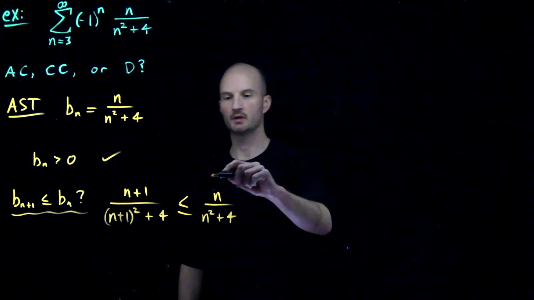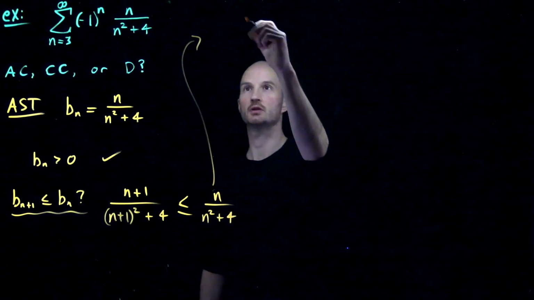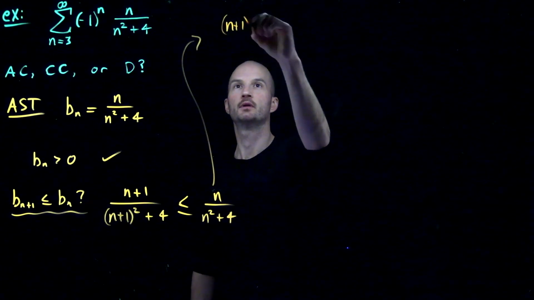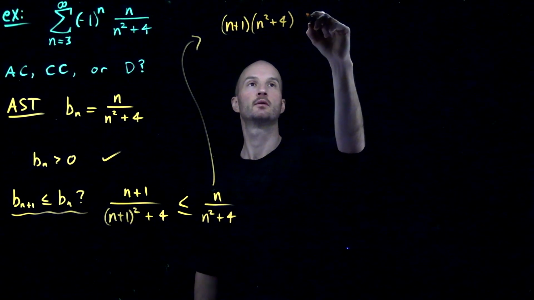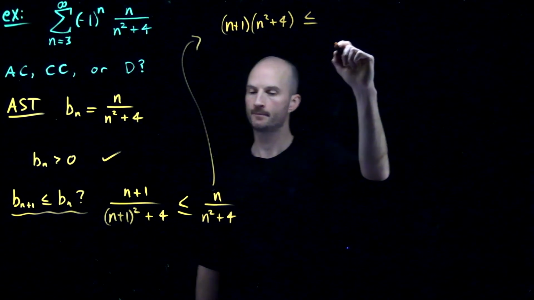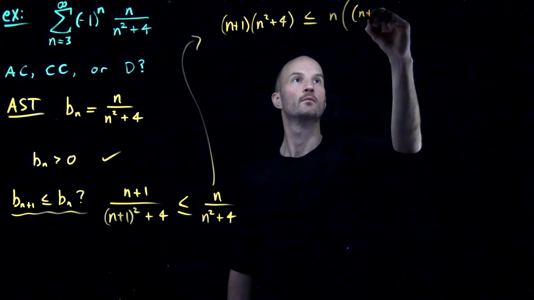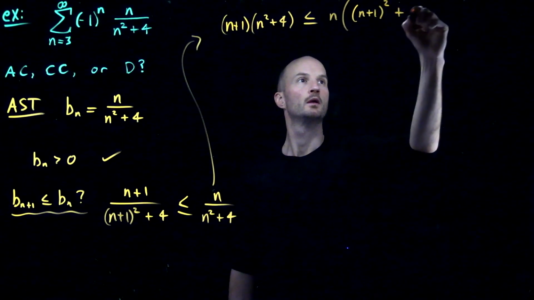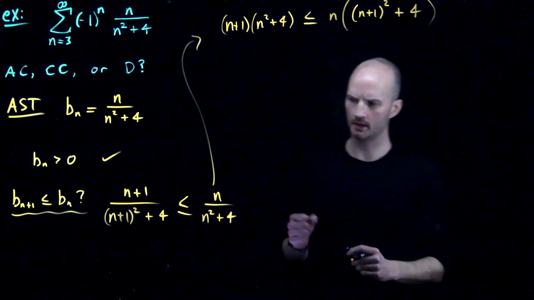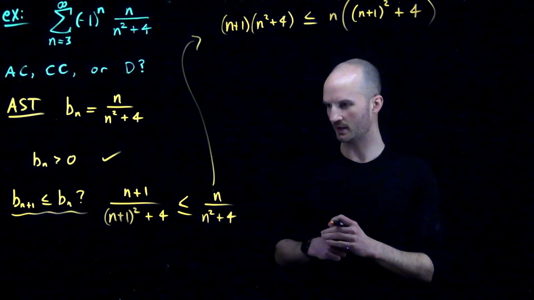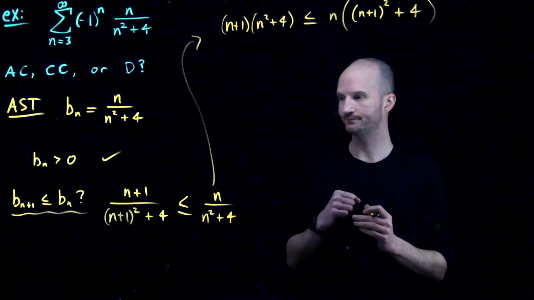It's a bit awkward, but let's just go for it. I'm going to do a cross multiplication, n plus 1 times n squared plus 4, and get this thing. Okay, so I have an inequality, and effectively I'm multiplying both sides by positive numbers, so I do not change the sense of the inequality.